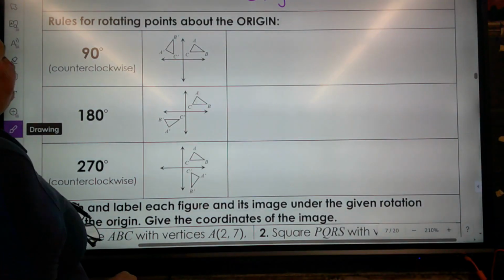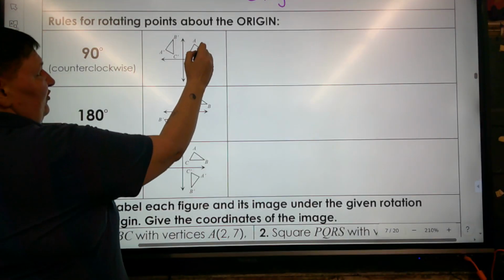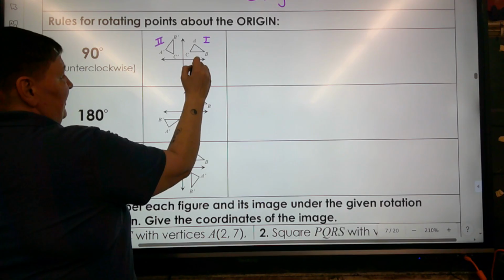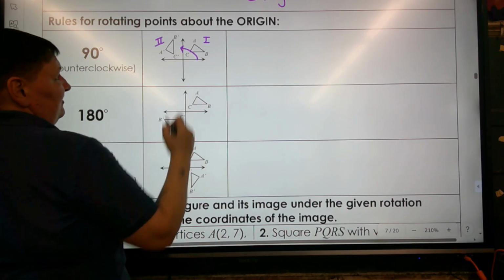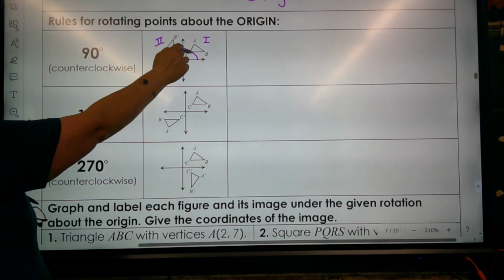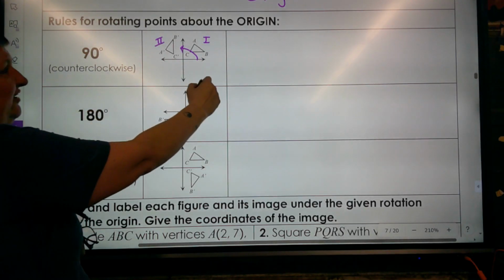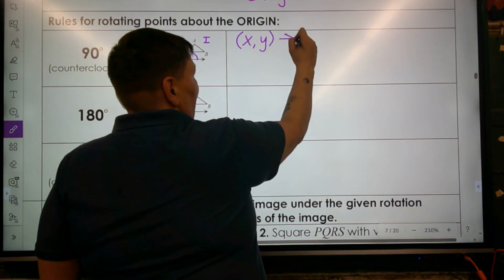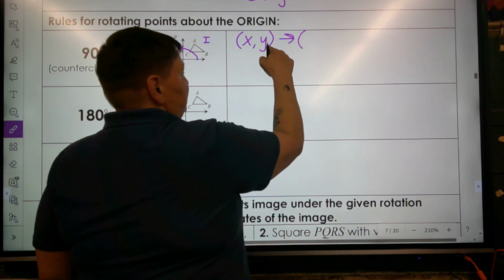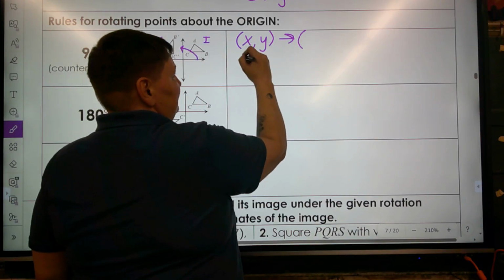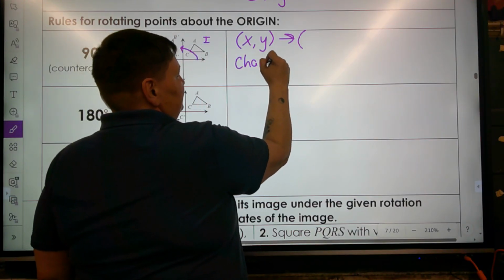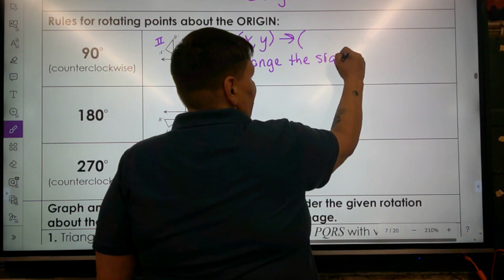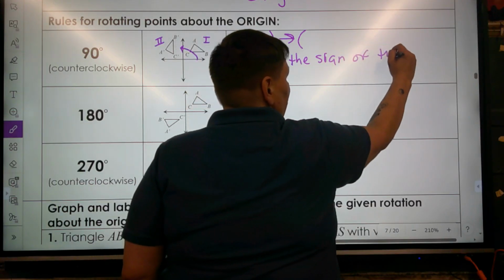All right? So, to go from quadrant 1 to quadrant 2 is 90 degrees. So 90 degrees counterclockwise, opposite of a clock. The rules are you start with your x, y, right? You're going to change the sign of the y.